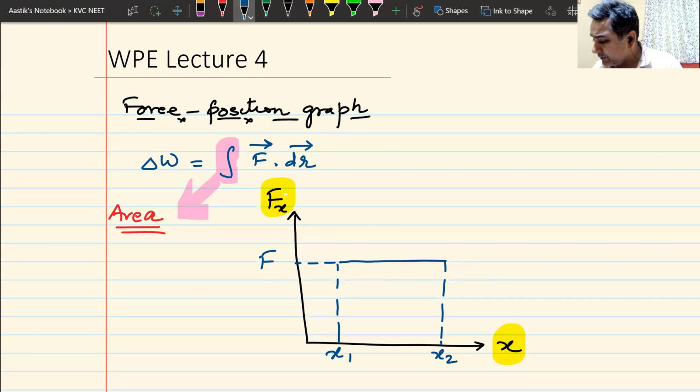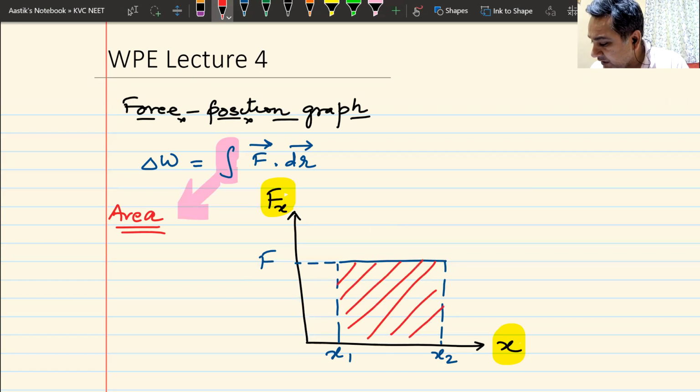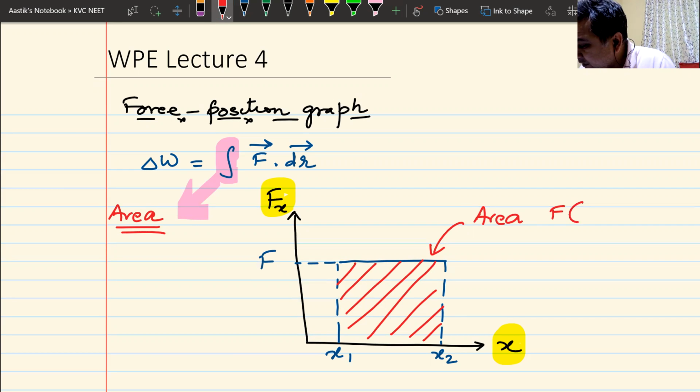Let us say F. If I now ask you, what is the work done by this force? Remember, this is a constant force. The answer would be, sir, it is very simple. The work done by this force is simply the area under this graph, and any fourth standard student can tell you what the area will be. It's a rectangle, length multiplied by breadth. Length, you can call it x2 minus x1, breadth is F. So basically what you get is F multiplied by (x2 minus x1).